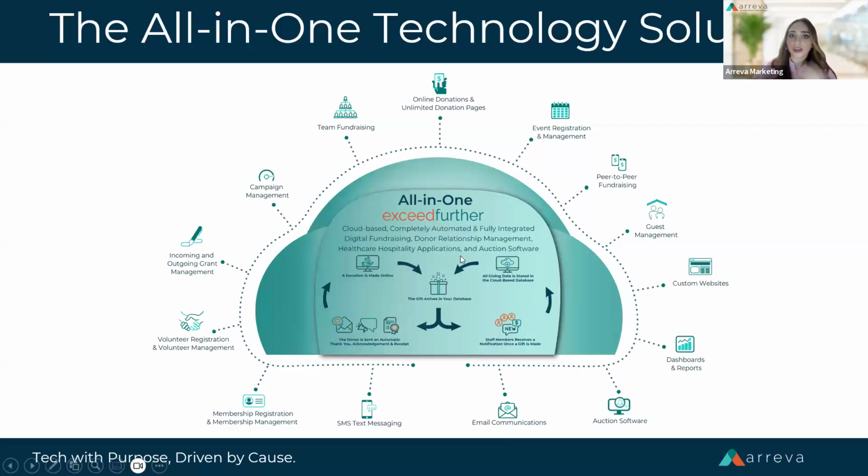And the solution that Arreva has provided is called Exceed Further, and it is truly the only all-in-one solution in the industry for online fundraising, donor relationship management, healthcare hospitality, and auction software. We like to say many solutions in one database.